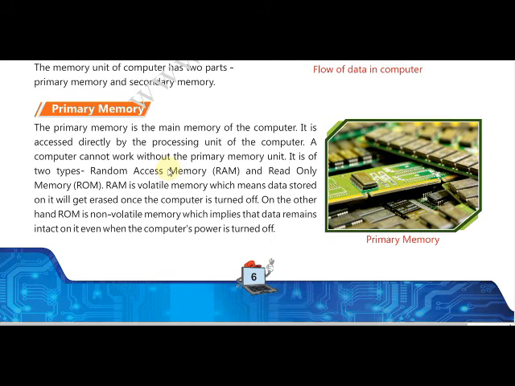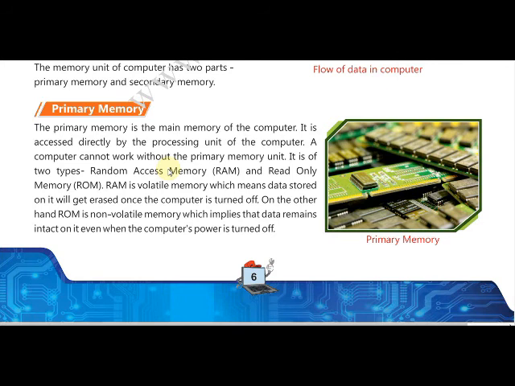What about ROM? It is also primary memory, but here you cannot write anything. Instructions already exist in this memory, so you cannot write anything here. This memory is simply used by the system whenever you run the CPU.